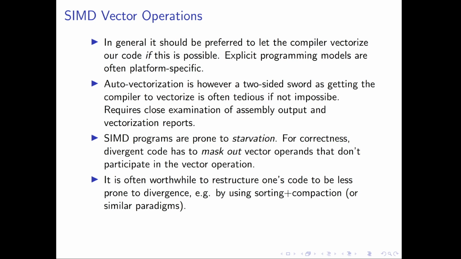And we talked about restructuring code, and we talked about divergence before, in particular when we talked about caches and cache lines, and there I introduced this concept of sorting and compaction, and I also told you there are other techniques that are similar to that. And in this context of SIMD and vectorization, those techniques are also very important.